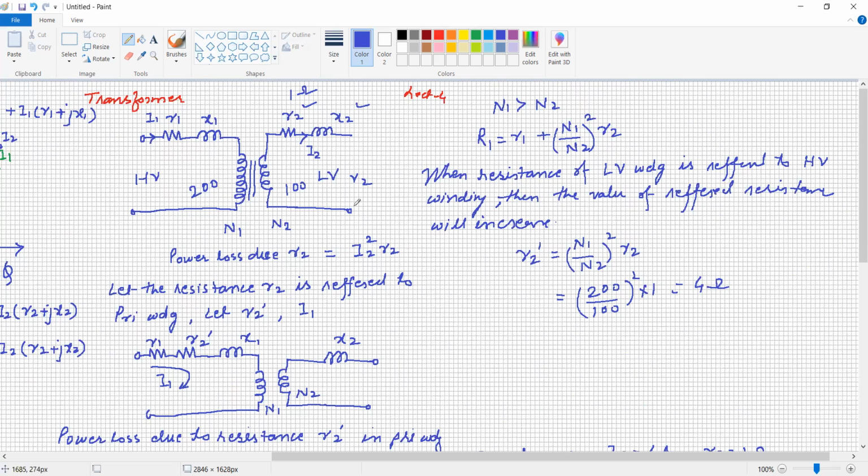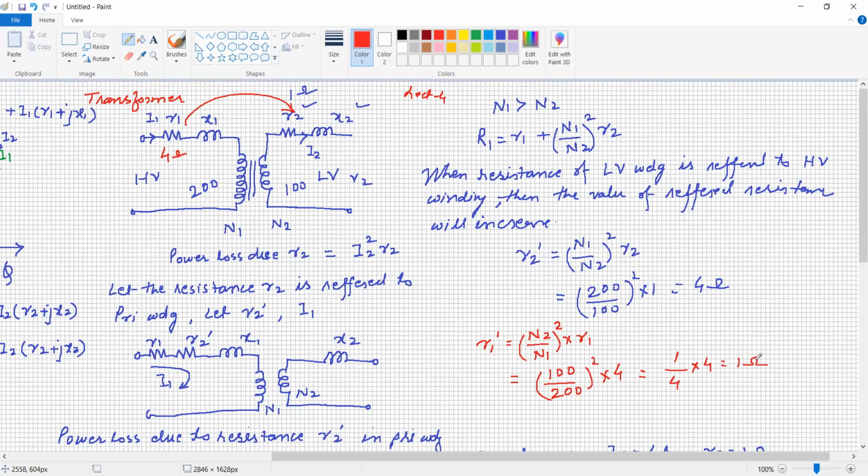Let here be the 4 ohm resistance and we want to refer it to the secondary side, that is the LV side. So the value of resistance R1 dash is equal to (N2 upon N1) squared multiplied by R1, which is (100 divided by 200) squared into 4, so 1 divided by 4 multiplied by 4 is equal to 1.